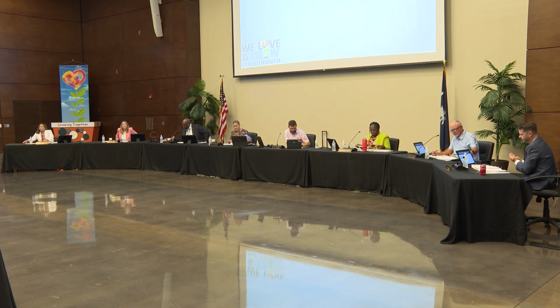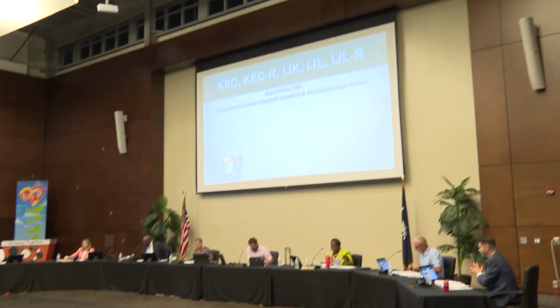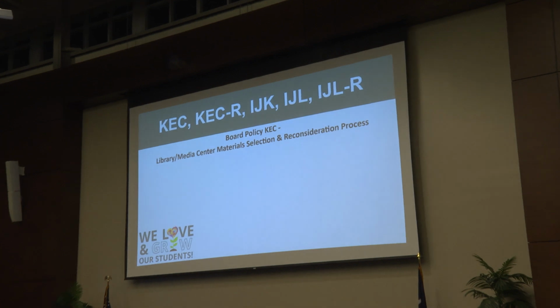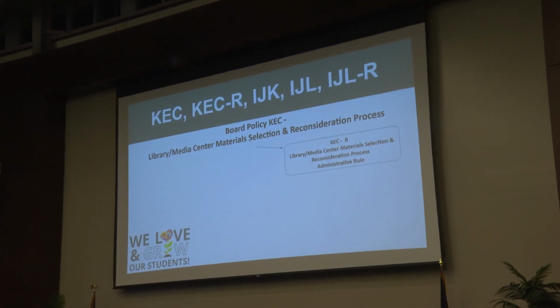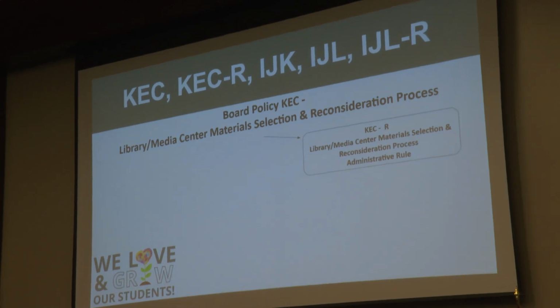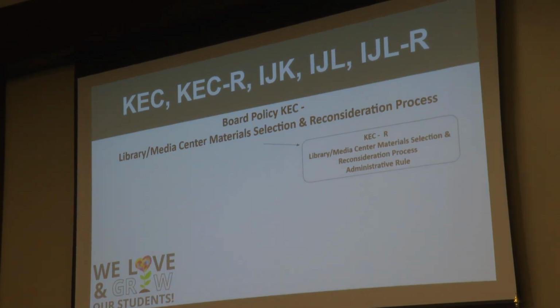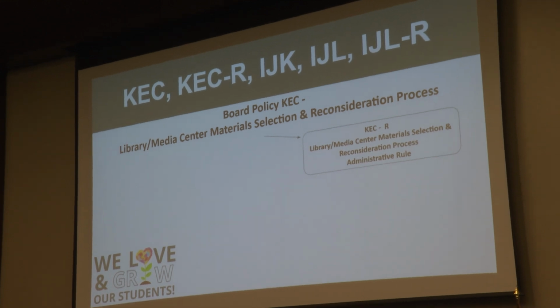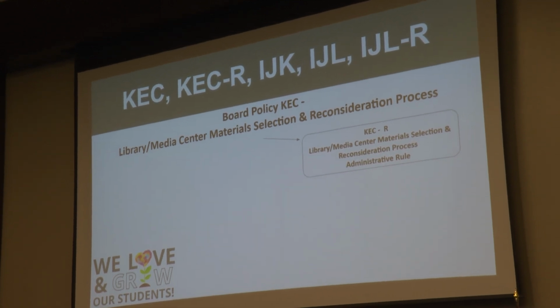Okay, I put together a few slides to help us review exactly what we just talked about, how all three of these policies come together. You've got your KEC, which is the overall arching policy that goes along with Regulation 43-170 from the state about the supplemental materials and parent complaints about materials and what processes we go through for that.